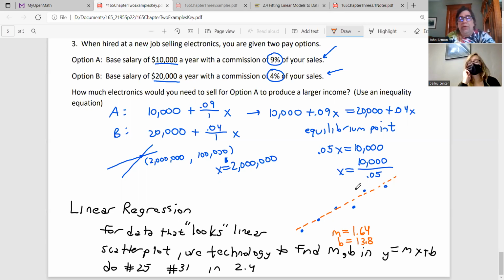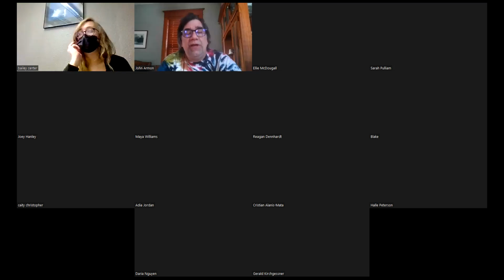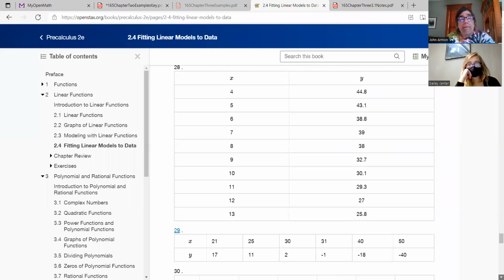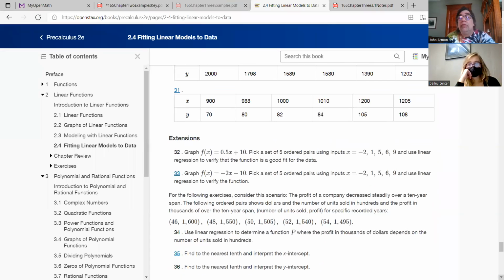You can go ahead and do 31 there if you want to. If you look at number 31, the data set looks like this. The difference is in number 31, you'll see the X values are much larger than the Y values.